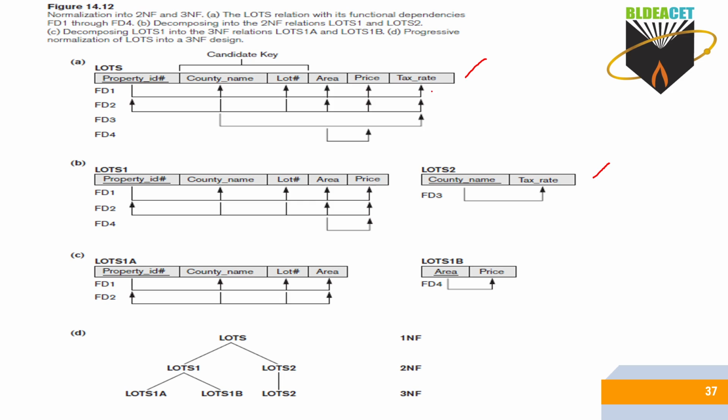County and lot are the prime attributes because these two are members of the candidate key. Area and price are not prime attributes because they are not members of the candidate key.